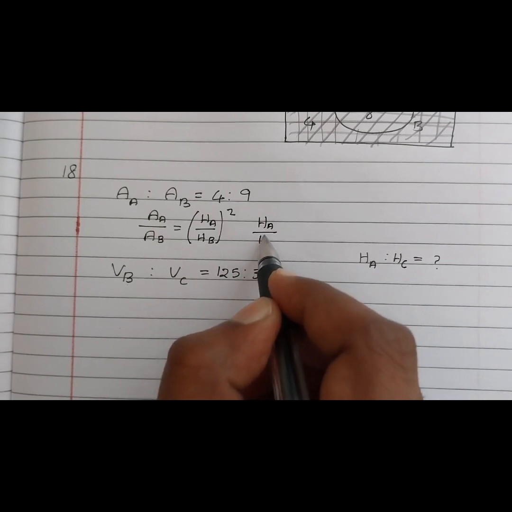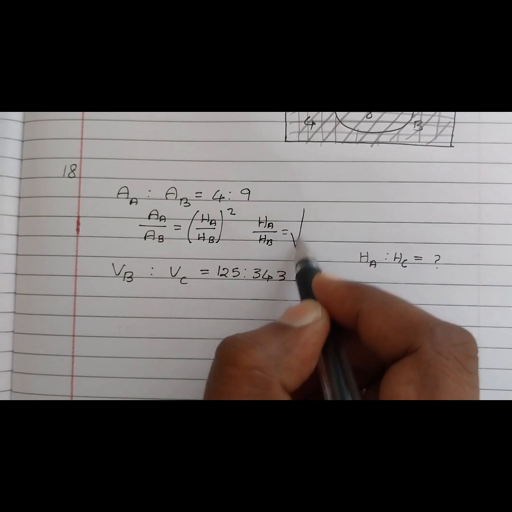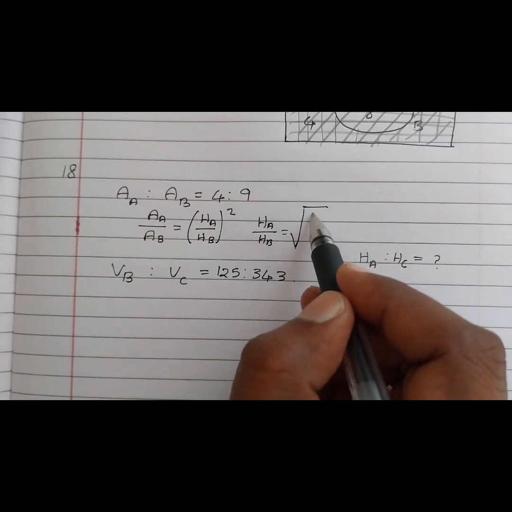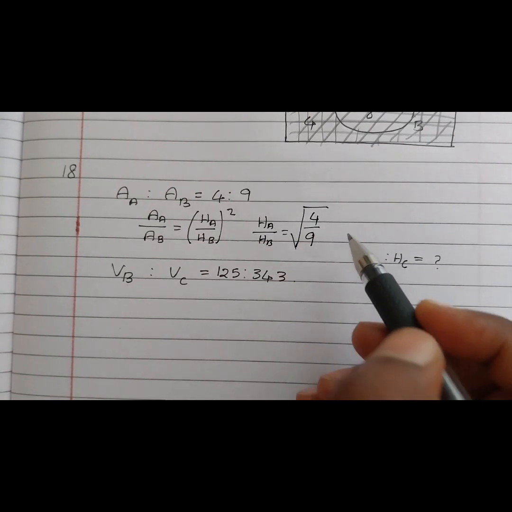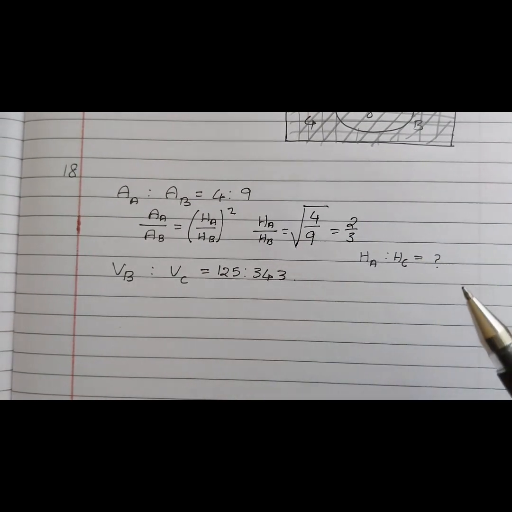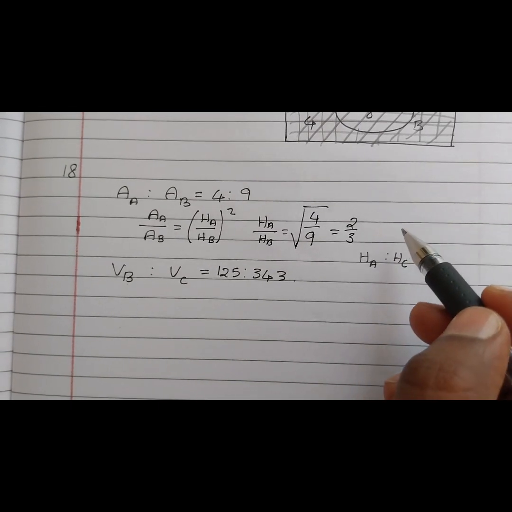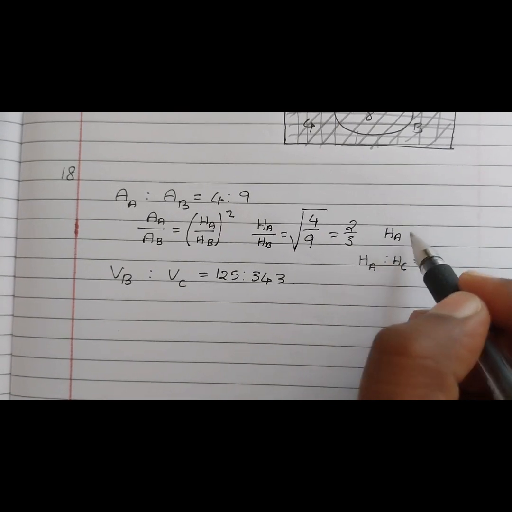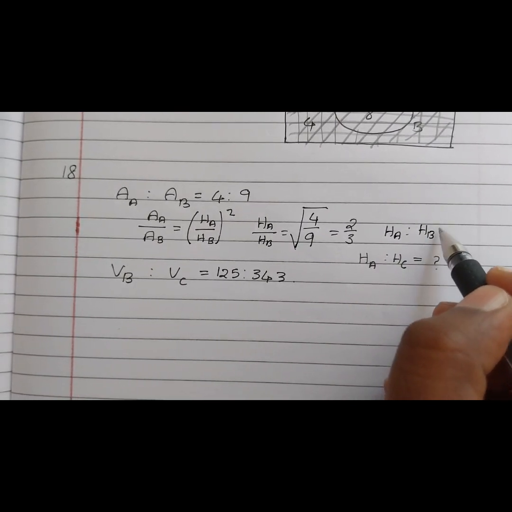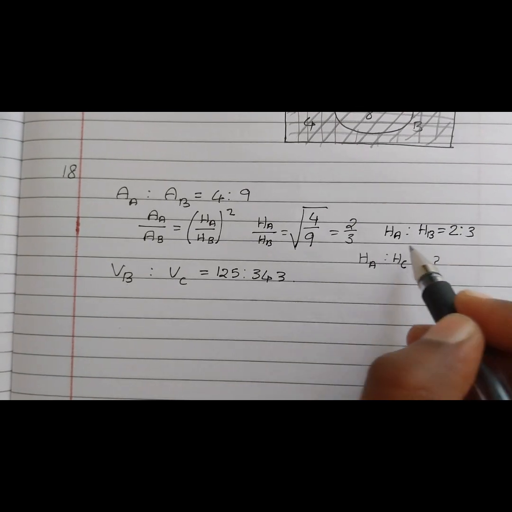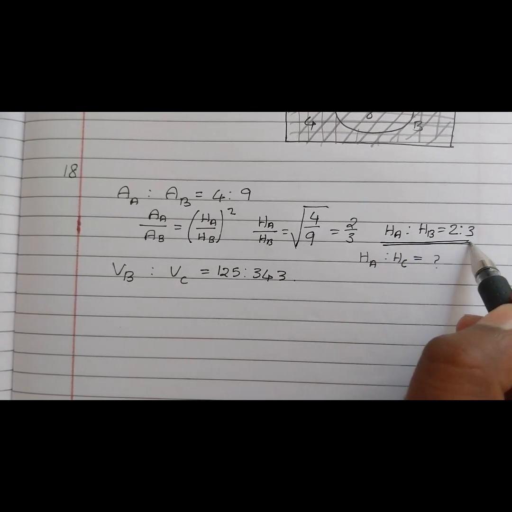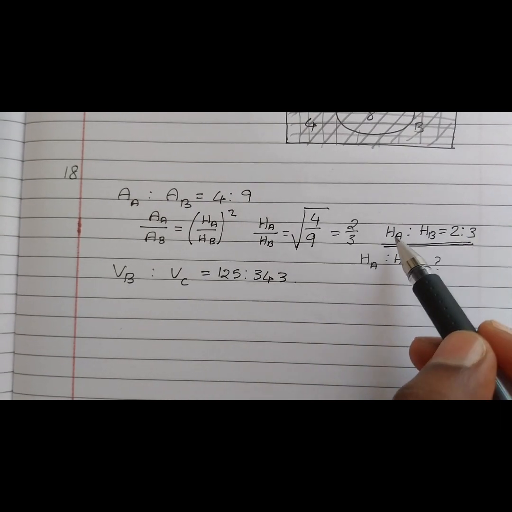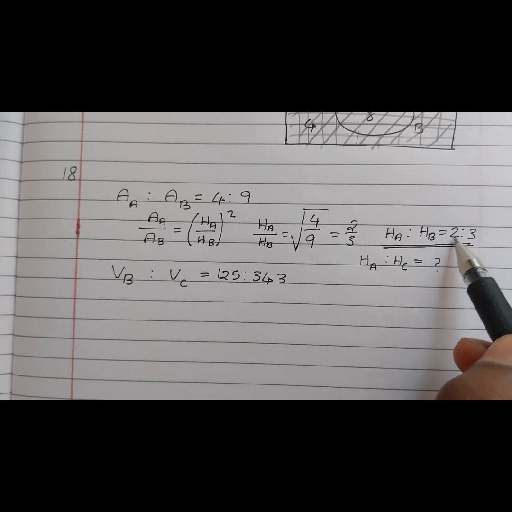Height of A over height of B equals square root of the ratio of areas. It's 4/9. It's 2/3. So the ratio of heights of first two shapes, height of A is to height of B is 2:3. So we found the relation between the heights of the first two shapes. Height of A is to height of B is 2:3.